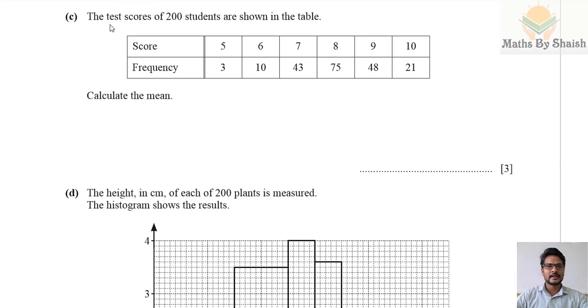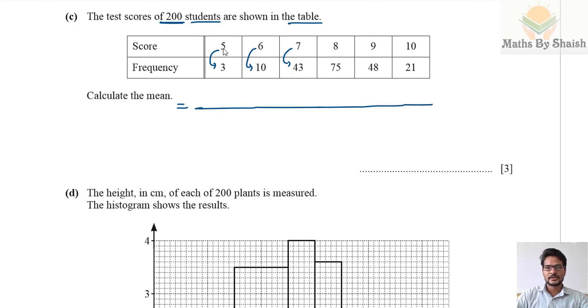Here's the C part. The test scores of 200 students are shown in the table. Calculate the mean. Whenever we have discrete data in this way, like 5 occurs 3 times, 6 occurs 10 times, 7 occurs 43 times, and so on, the mean is going to be the sum of all the data, and sum of all the data means 5 into 3, because 5 occurs 3 times.